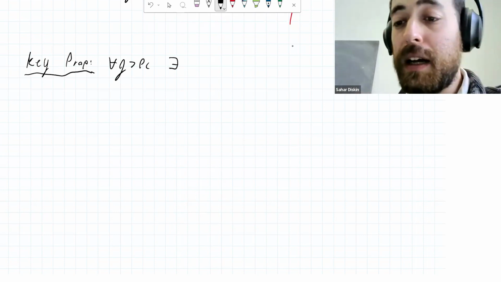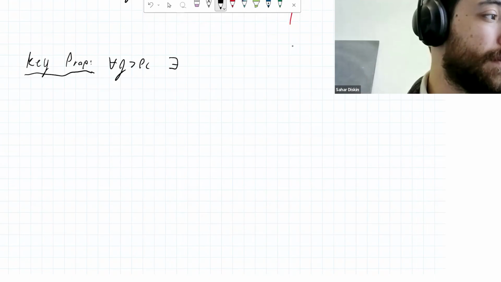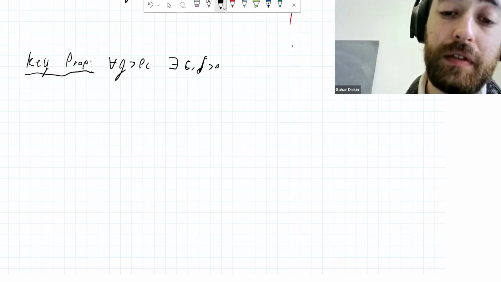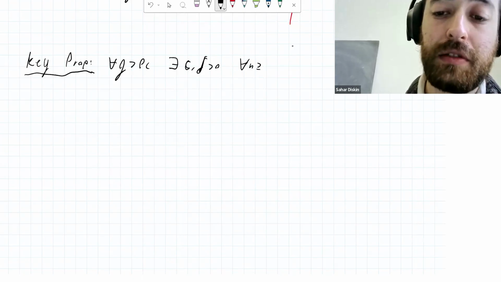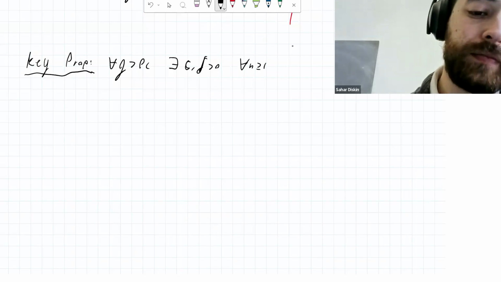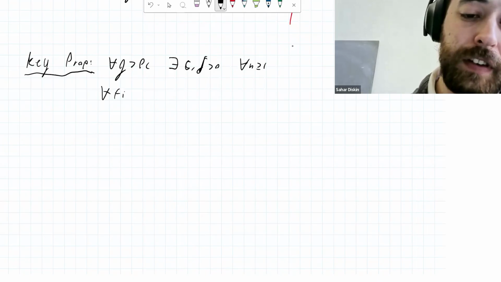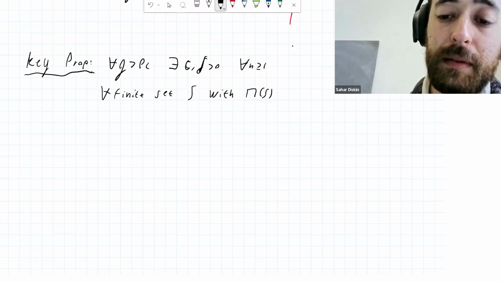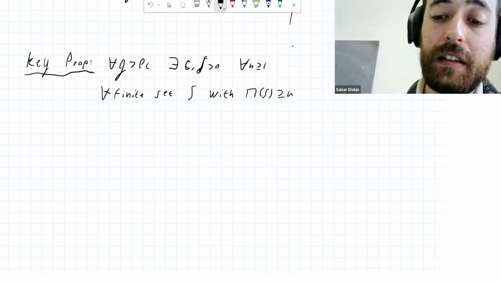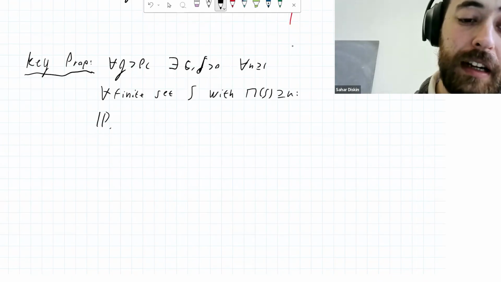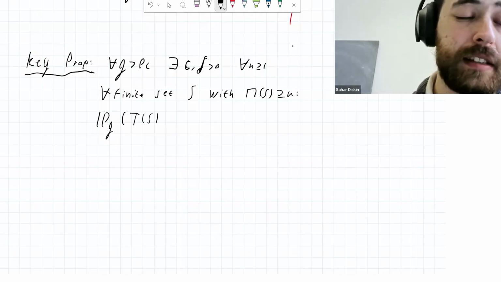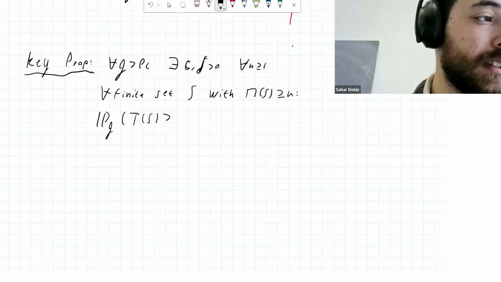You give me some supercritical parameter, then I'm able to give you some constants C and delta, both of them positive, such that for every integer n at least 1 and for every finite set S with the minimal cut set between S and infinity being at least n, the probability under q-percolation that the number of touches between S and infinity, which I will define more precisely in a moment, is large.